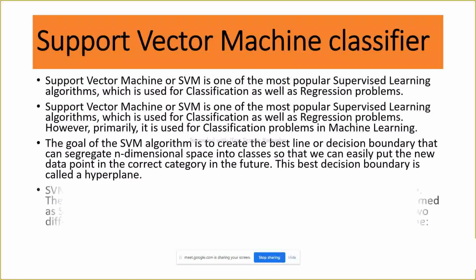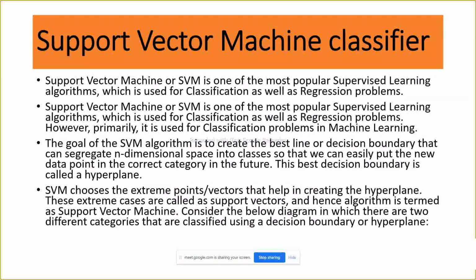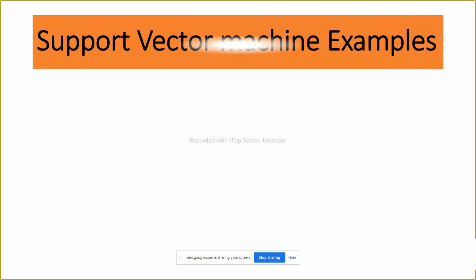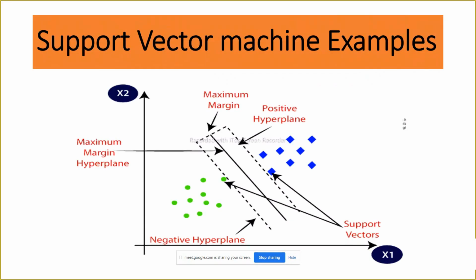So I will simply show you a figure so you can easily understand it. You can see this is the figure of a support vector machine. Suppose all of the green color points are the pixel values of water, and the other points are the pixel values of built-up area.